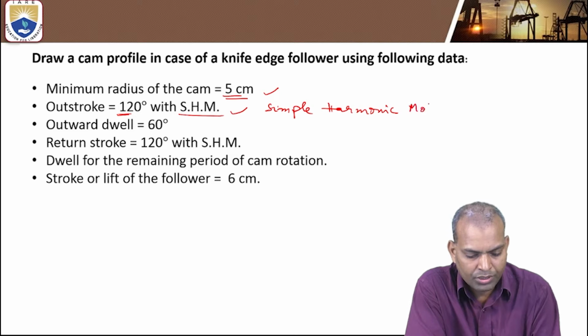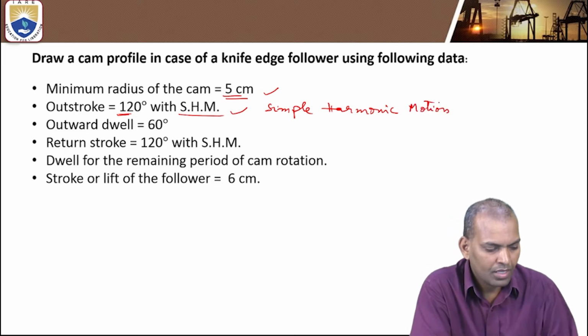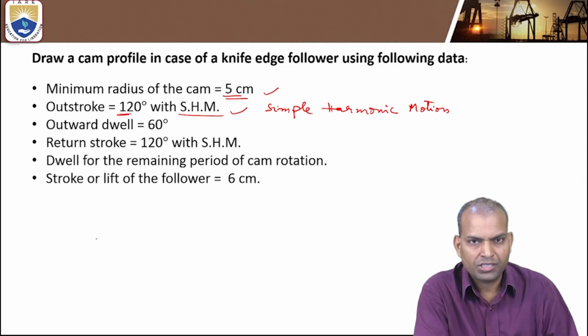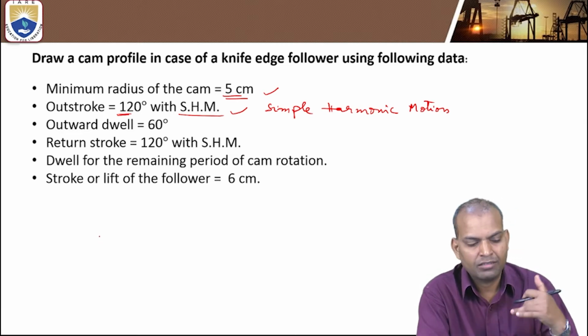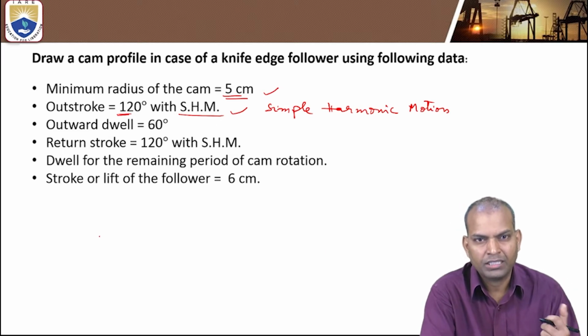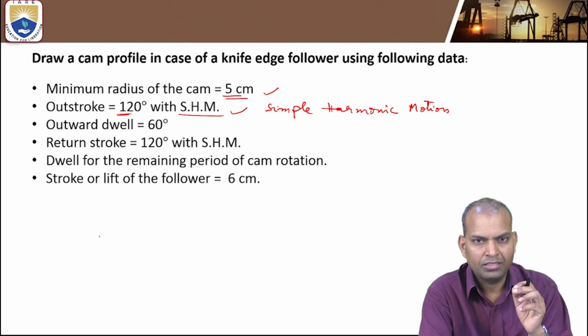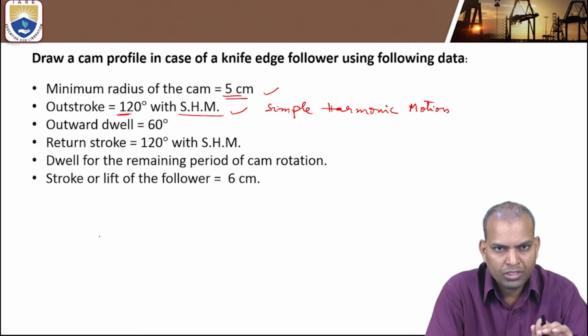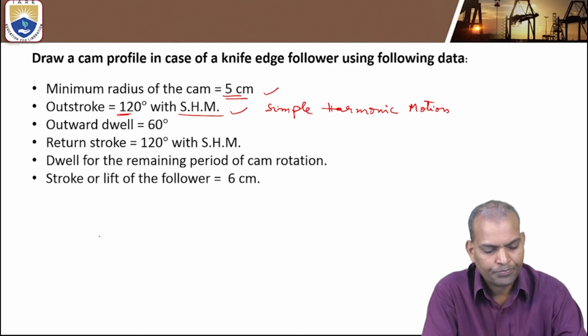Outward dwell is 60 degrees. Dwelling means there is neither rising nor falling. That portion is the dwell. That means there is no upward or downward motion of the follower.